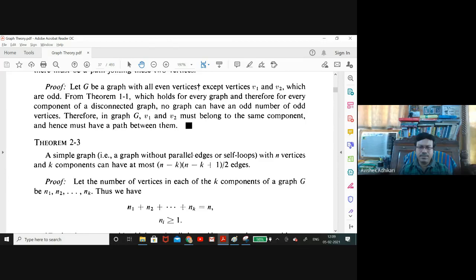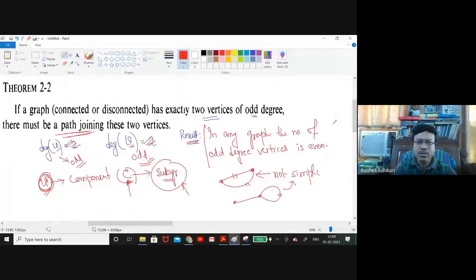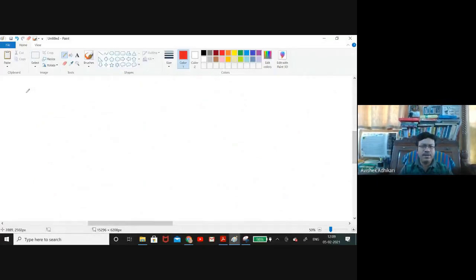Okay. So to make this proof, let us first define a particular kind of graph known as a complete graph. So what is the meaning of a complete graph?